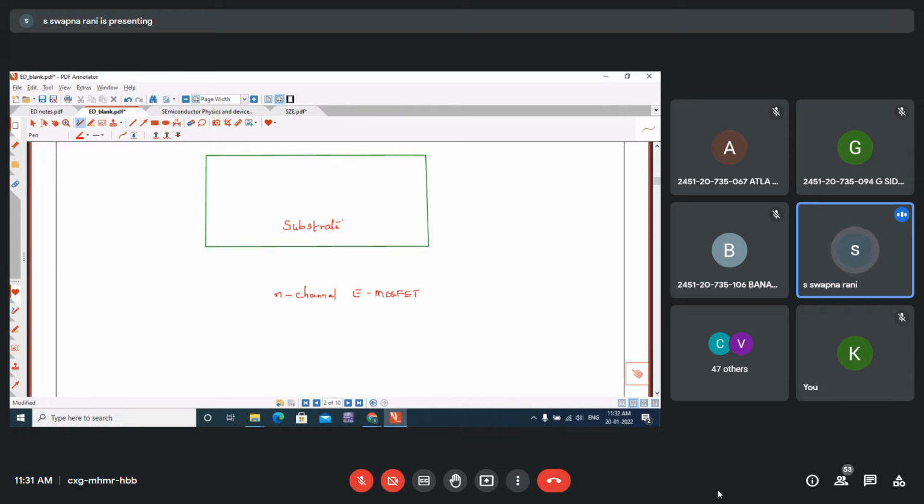So in N channel, the substrate is going to be P-type. In N channel, we will take a P-type substrate.